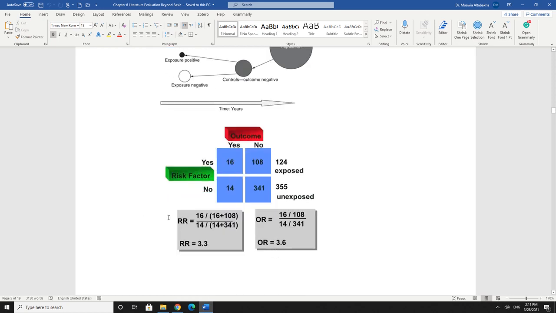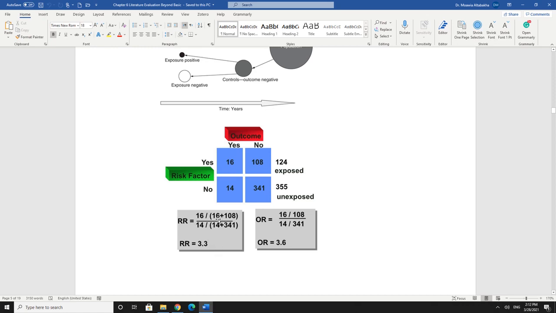Then there are two measures. You remember the relative risk. Relative risk is the number of positive outcomes, 16 in those who are exposed, 16 divided by the total 16 plus 108, divided by the control, those not exposed, 14 who developed cancer divided by the total 14 plus 341, and I will get 3.3.